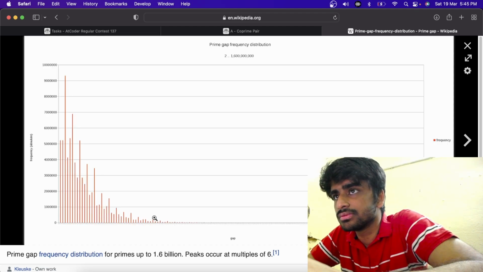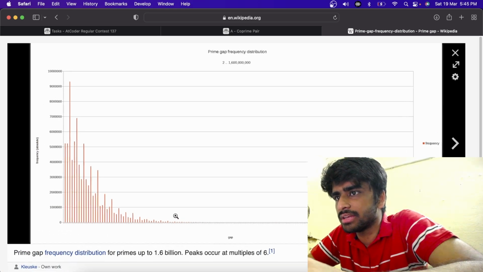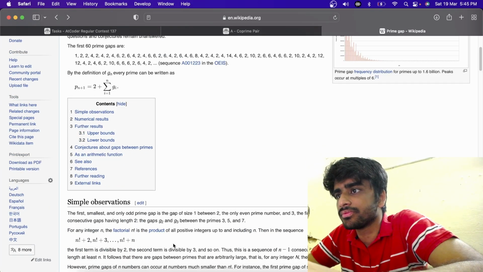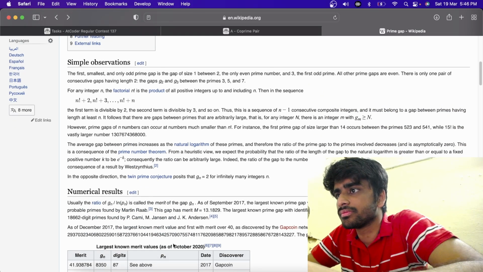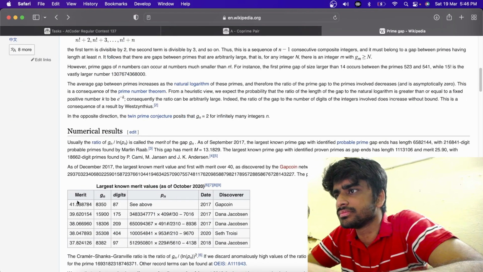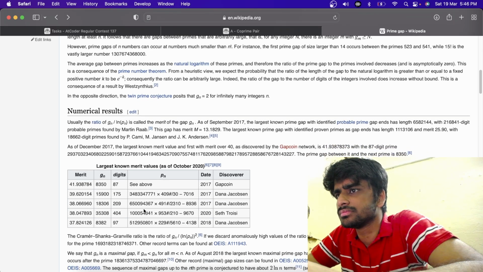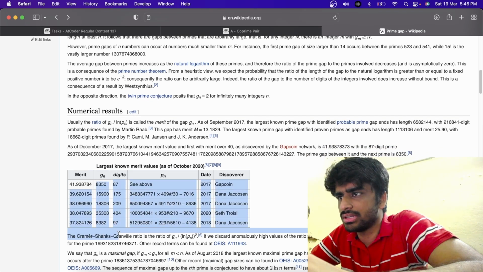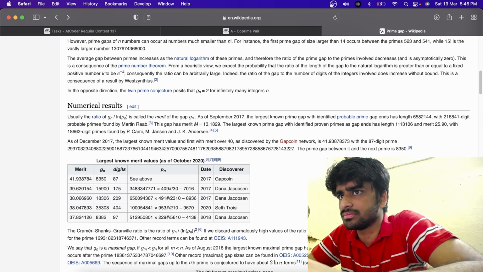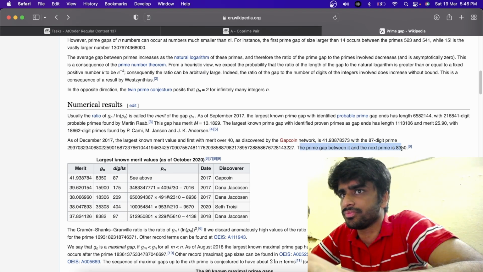No, can't be very big, right? Yeah, prime gaps are actually very small.